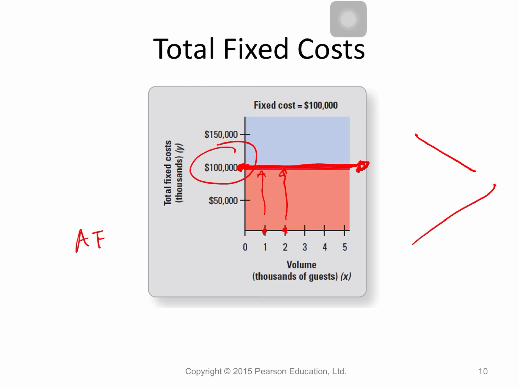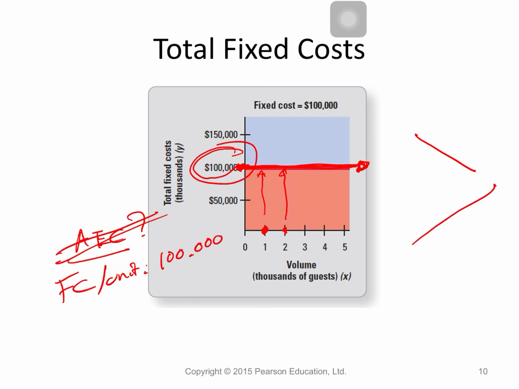But how about the average fixed cost, or fixed cost per unit? If you only serve one guest, then the fixed cost per unit will be 100,000 per unit.